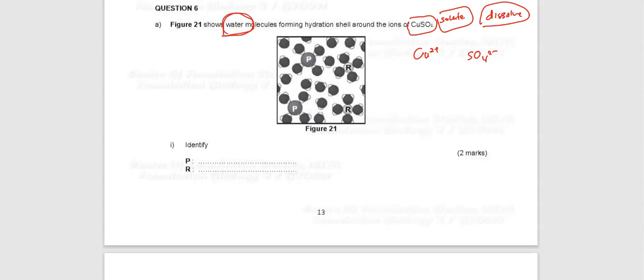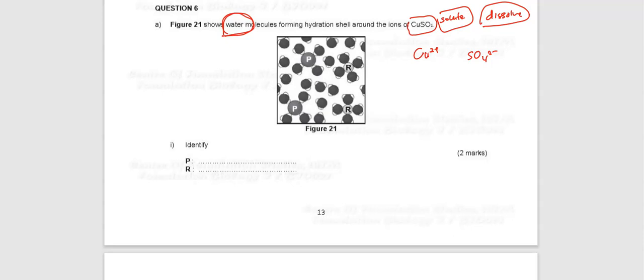So water molecules will surround the ions, anions or cations or any polar molecule, to cause the solute to dissolve in water. So the water molecules will surround these ions.